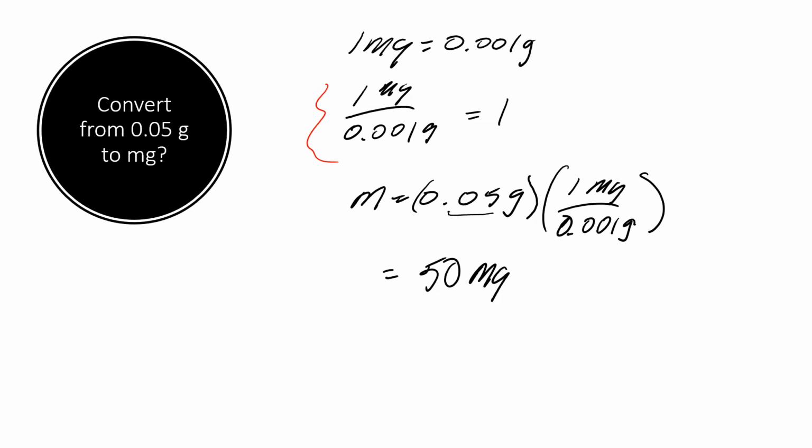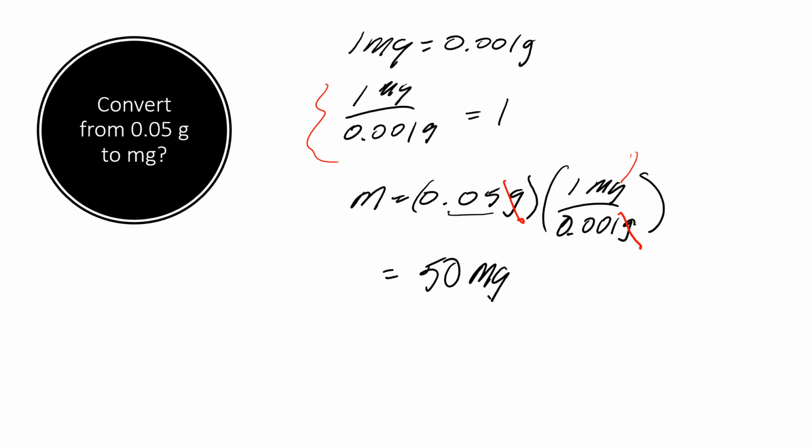To make sure that you applied the conversion factor right, it's always important to go to your equation and start canceling units. That G cancels out with that G, and all you have left is milligrams. So in fact, we did it right.